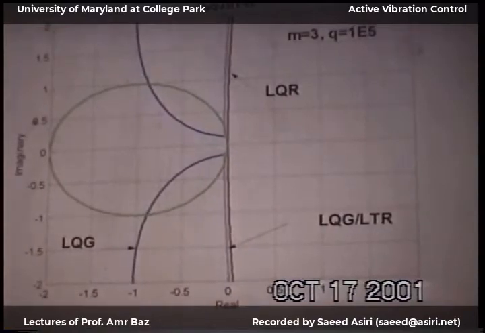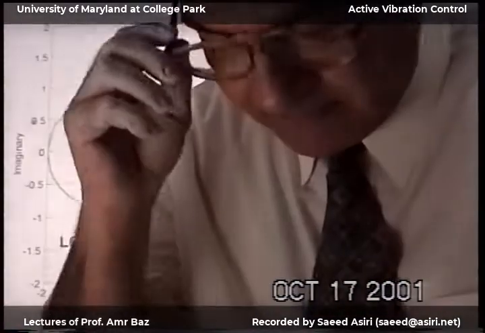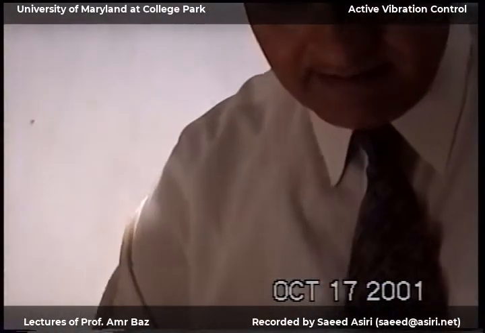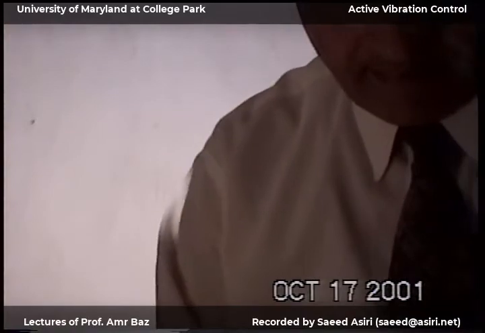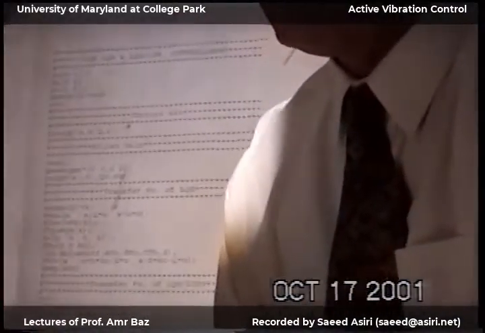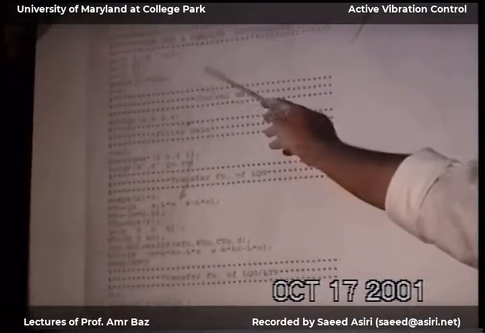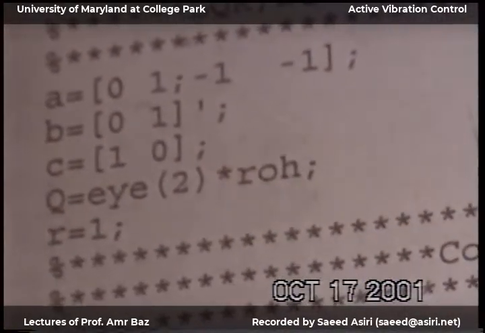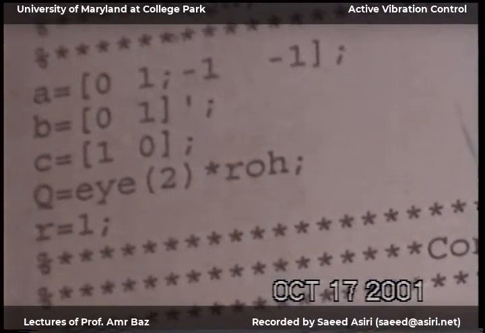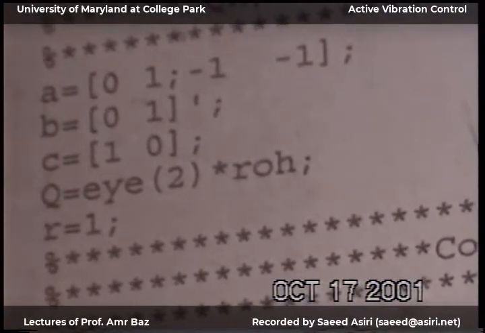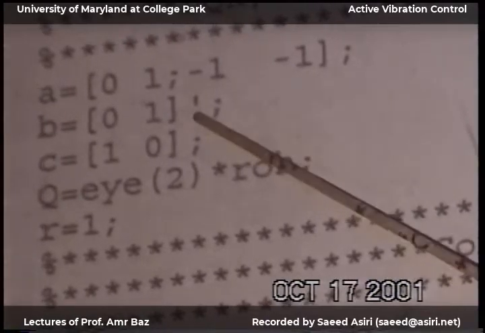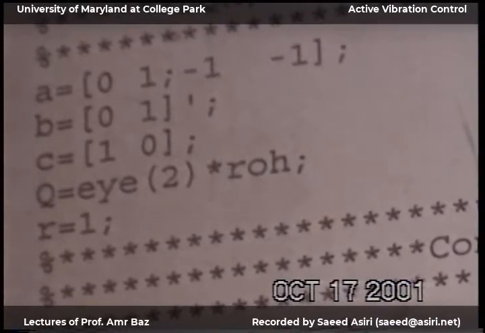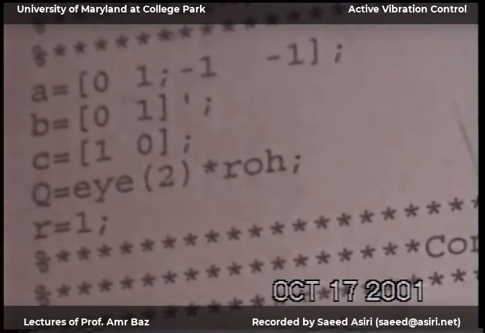And this is again the case where C is 1 and 0, which is not a square matrix, and B is 2 by 1, so C times B is again 2 by 1.